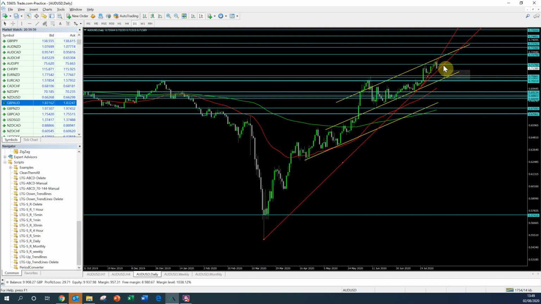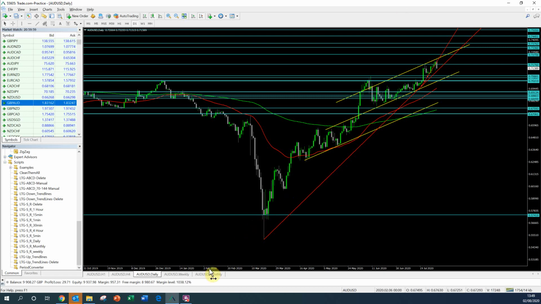With that in mind, I'd actually like to see this trend line break before I potentially enter any short positions, just to increase the probability of a short position being a valid option. If we start to see a reaction and a rejection off of this trend line, it certainly could go higher, but higher timeframes depict where the lower timeframes are going to go.